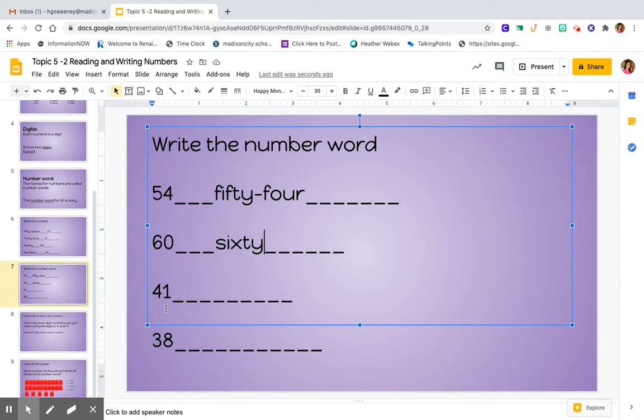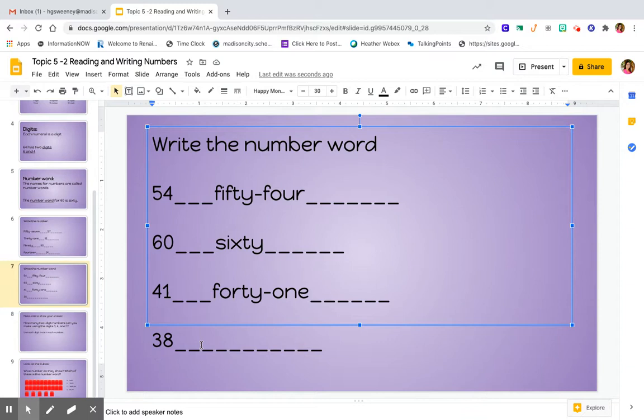The next number is 41. So first I'm going to write 40, F-O-R-T-Y. Then I need my hyphen, my dash, because there's another digit besides a 0 behind the 4. 1, O-N-E, 41. Next is 38.